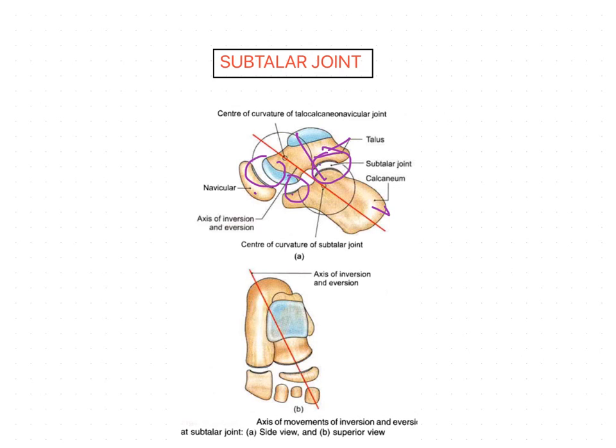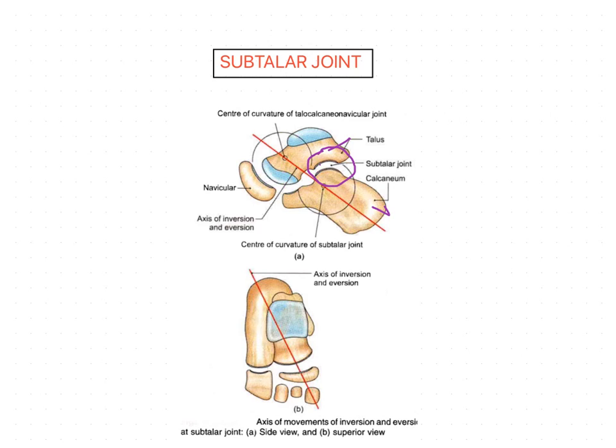So we are not considering the remaining joints as a subtalar joint in anatomical terms, but in functional terms, we can consider all these three joints together as subtalar joints. Okay, so we are mainly concerned now with the posterior Talo-calcaneal joint, that is called the subtalar joint.